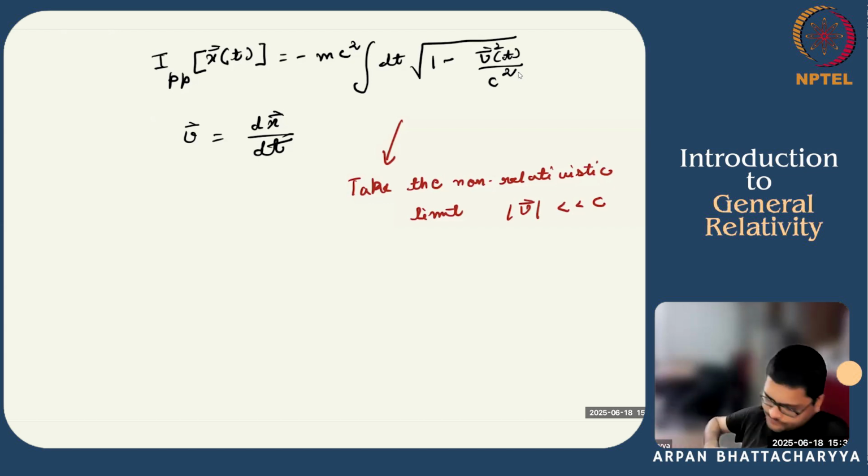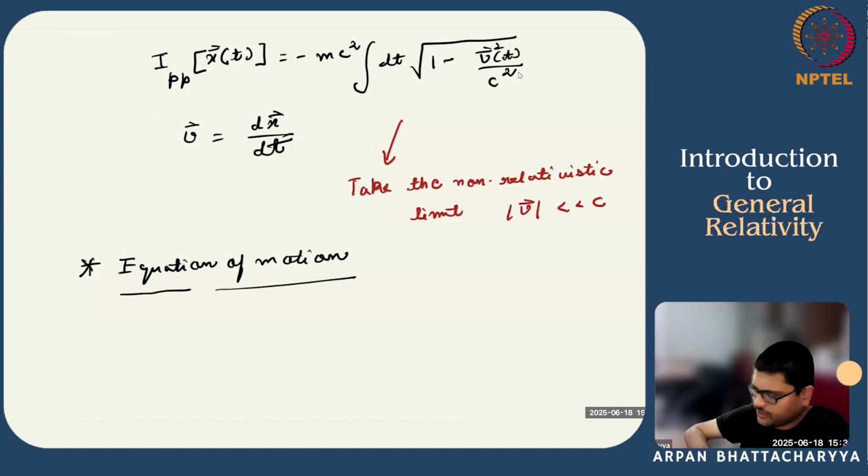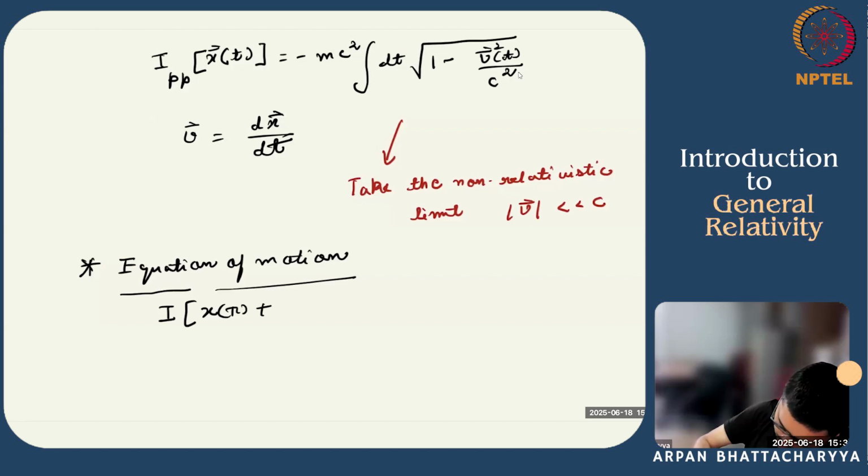Now let's discuss how we'll find the equation of motion. For that we have to vary the action and set the first order variation part to 0, that will give you the Euler-Lagrange equation. So remember that we have to calculate x lambda plus some small variation delta x.